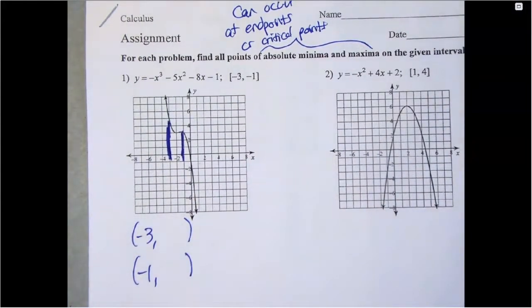My first job is to find the y value that goes with those points. I don't have to do that first. Doesn't matter what order really. Let's plug in those two numbers into the equation and see what we get. So take a second and do that.